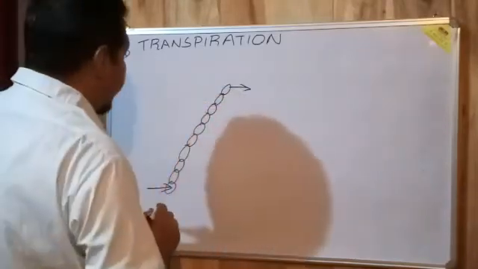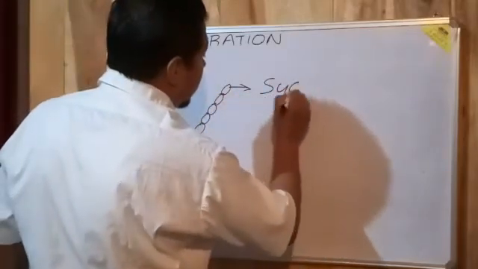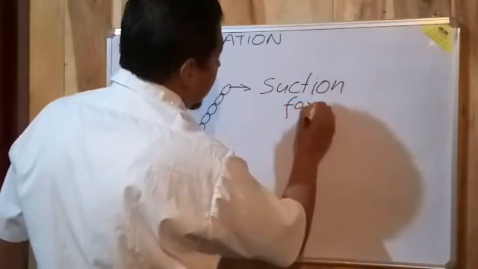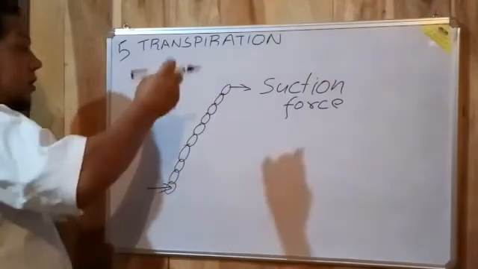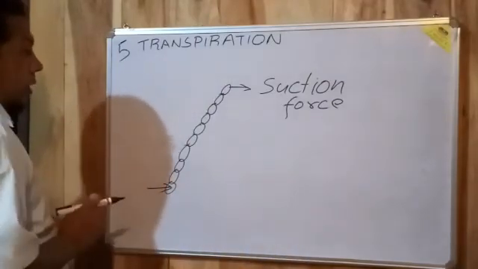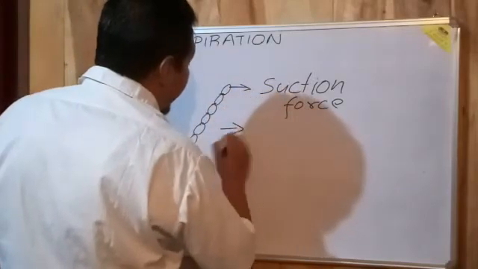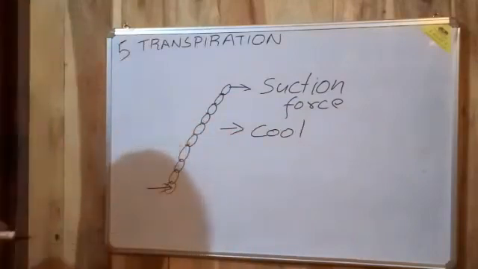So this creates a suction force in the plant, so that the plant will be continuously sucking water from the soil. And the second thing, it also helps the plant to cool.